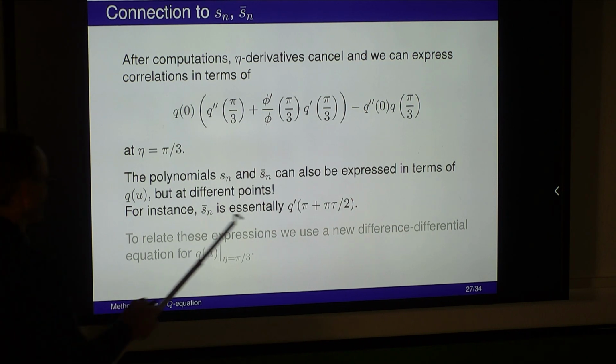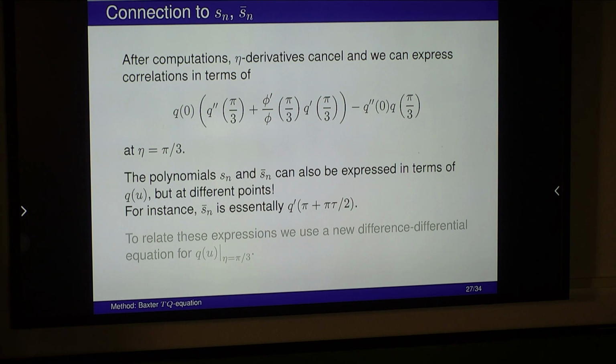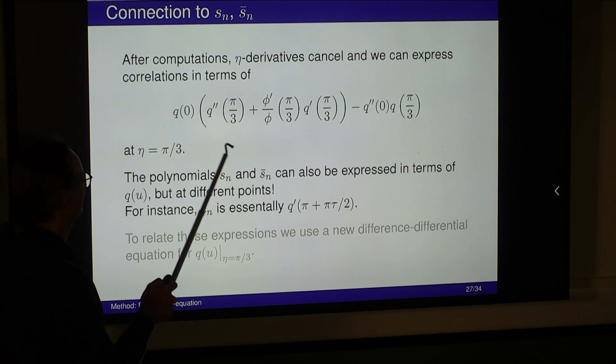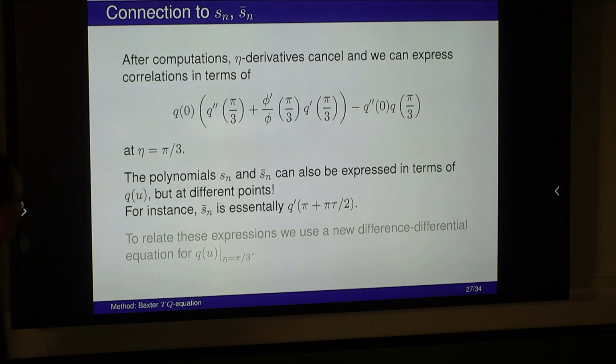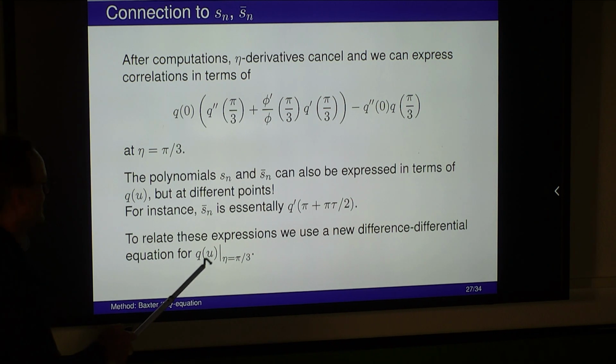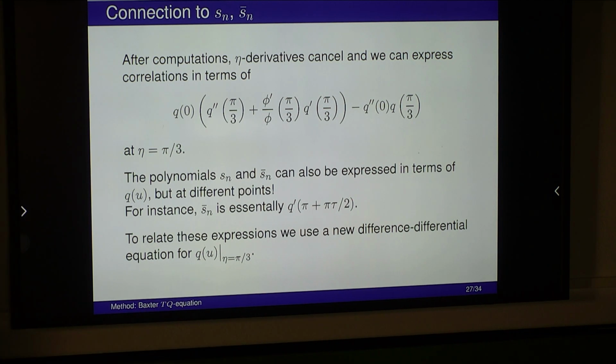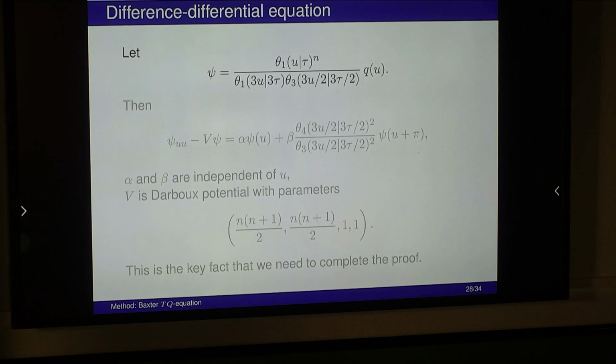Some of the other ones are more complicated, but somehow we need something that will move us from some special point to some other special point. We had some trouble with that until we found that there's some kind of differential equation that this thing satisfies. That could be interesting from other perspectives, so that's something I want to highlight.